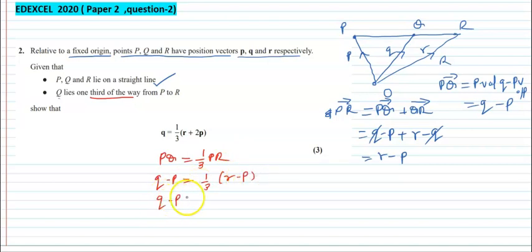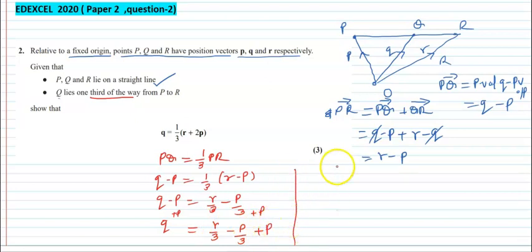If we simplify, Q minus P is R over 3 minus P over 3. If we make Q the subject, adding P to both sides, Q will be R by 3 minus P by 3 plus P. When we simplify, Q equals R over 3, minus P by 3 plus P, which is 2P over 3.